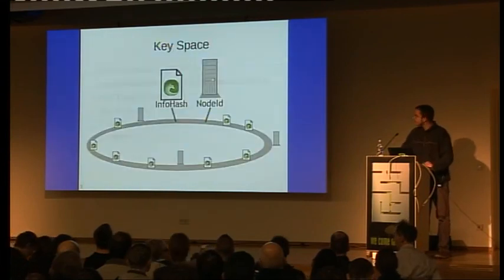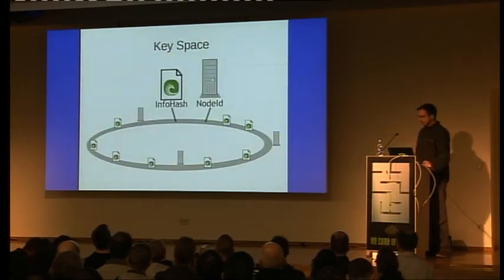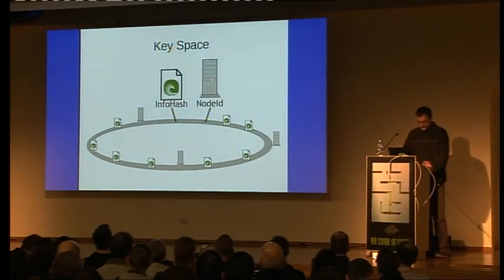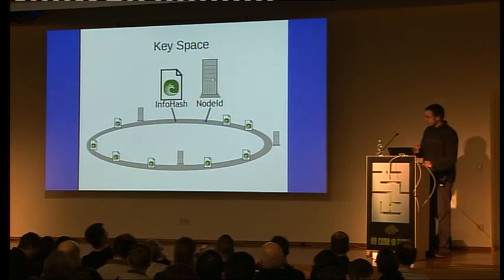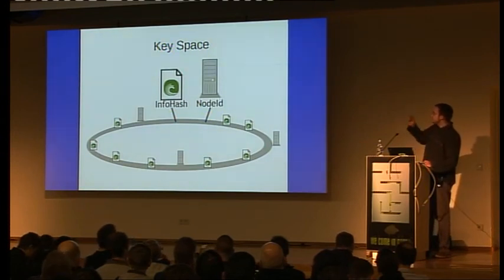So we got this 160-bit space, and we need to define what node nearest to the info hash stores the tracker data for the torrent file or info hash. Therefore, we need to introduce a distance metric.